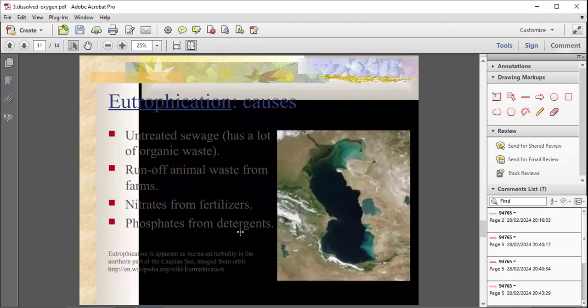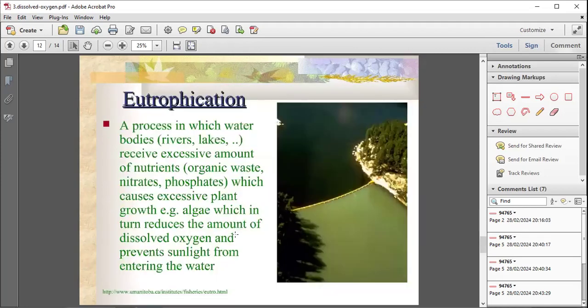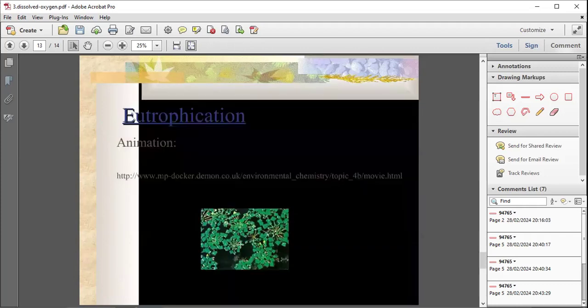Washing powders are called detergents, right? It is the process in which water bodies like rivers receive excessive amounts of nutrients, organic waste and nitrates, which cause excessive plant and algae growth, which in turn reduces the amount of dissolved oxygen and prevents sunlight from entering the water. Right? This one.